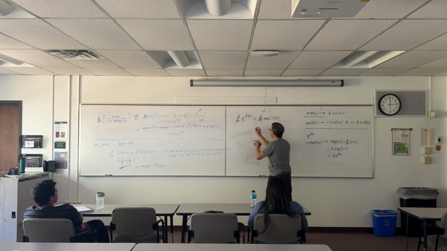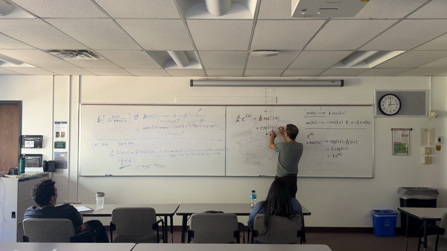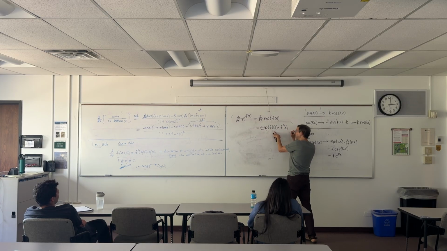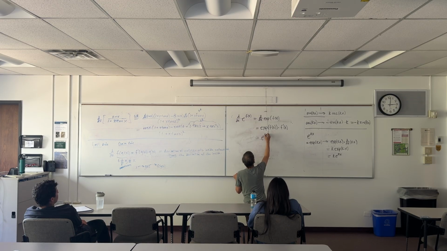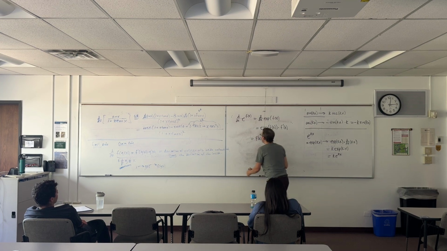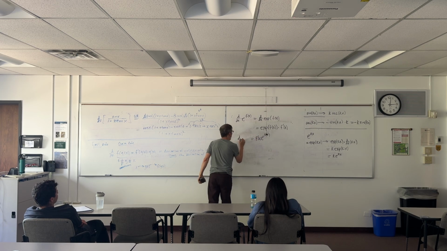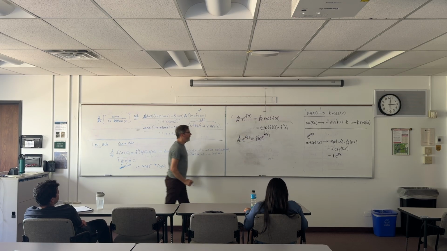Outside is exp, take the derivative of the outside, leave the inside alone, times the derivative of the inside. And that's just, what is that, Sam? The f prime of x times, yeah, times e to the f of x.